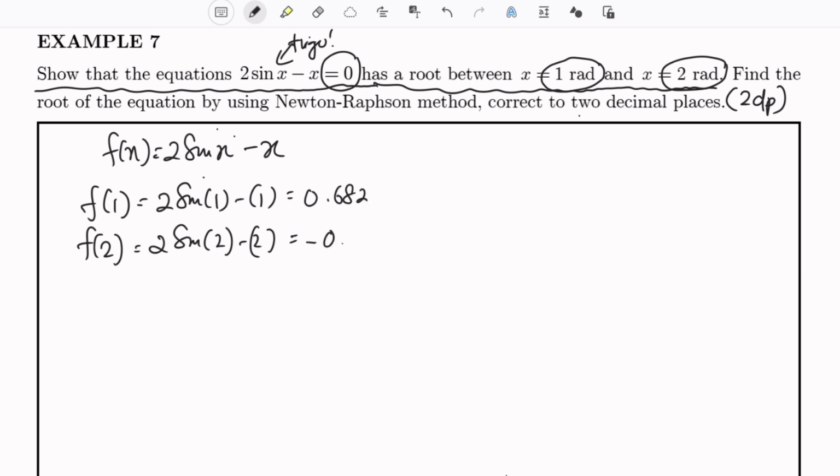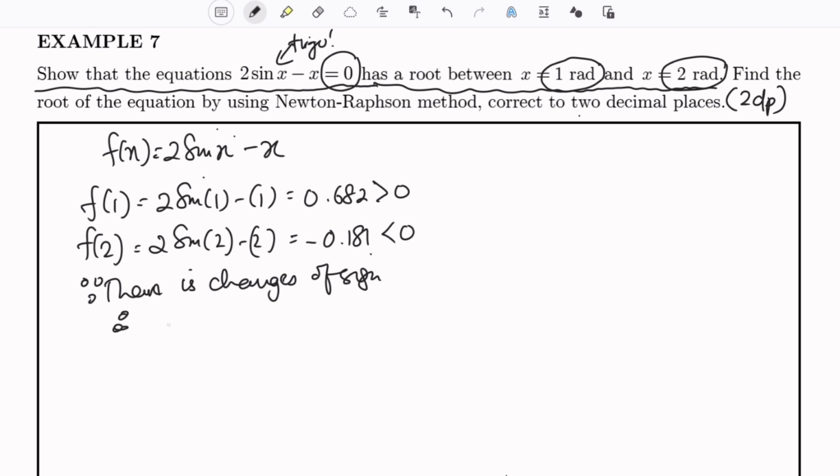This will be negative 0.181. This is greater than 0, this is less than 0. Since there is a change of sign, hence there is a root between 1 and 2 radian.